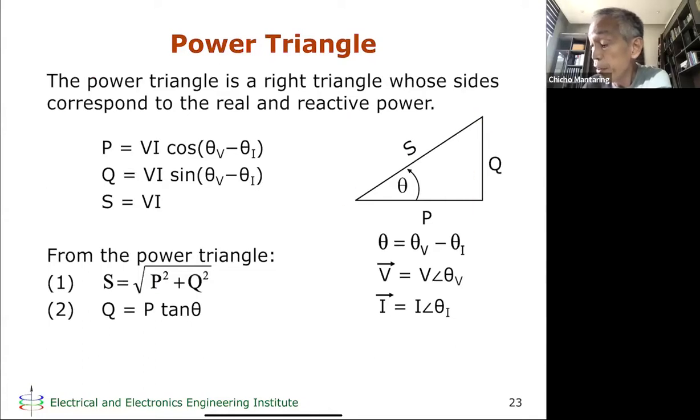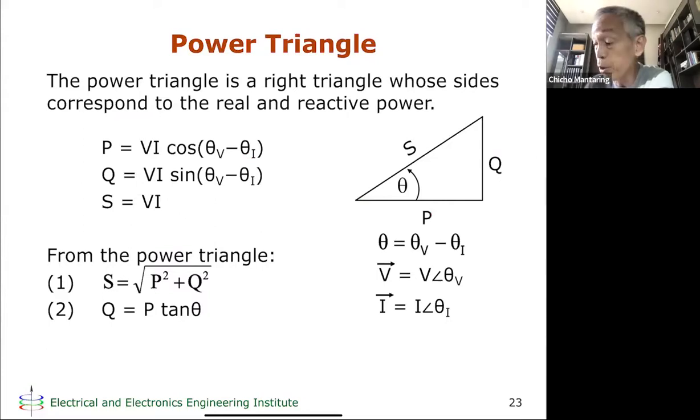Okay. Theta is the phase angle between my voltage and current. So theta is theta V minus theta I. If this is my real power and this is my reactive power, okay, it's easy to see that P over S is cosine theta V minus theta I. No?